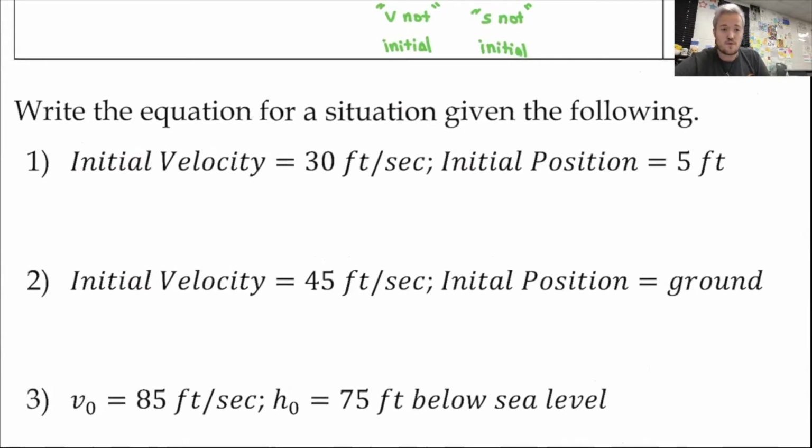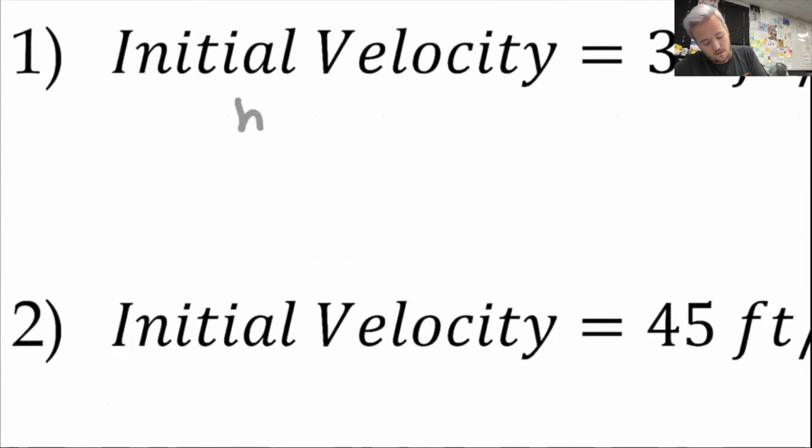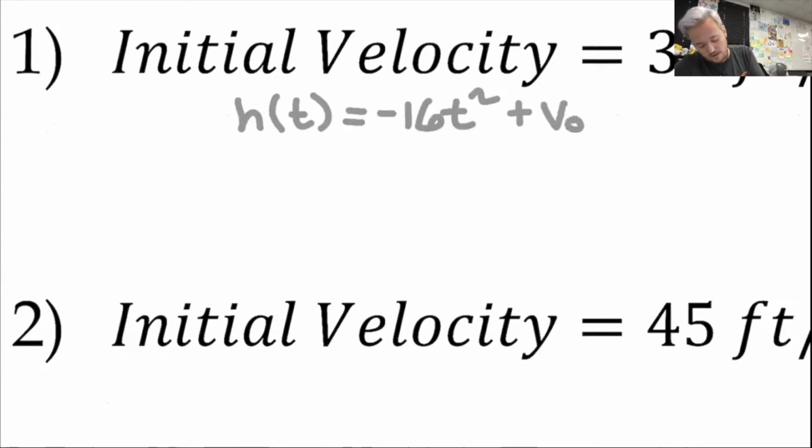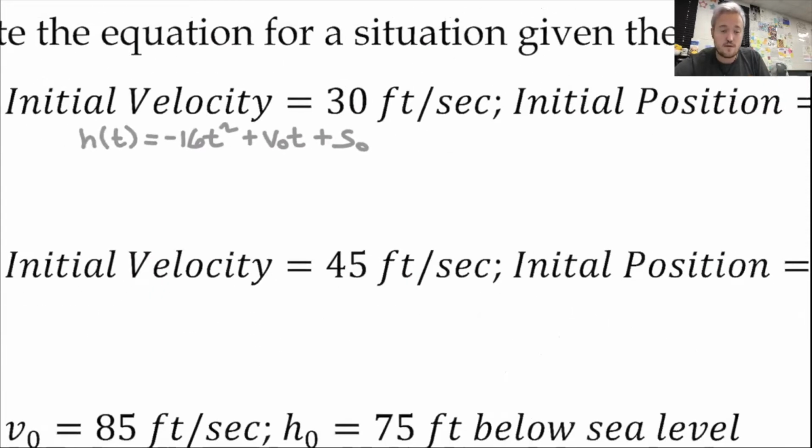So for this first one, I give you an initial velocity of 30 feet per second with an initial position of 5 feet. Once again, I'm going to start with just the equation. So h of t equals negative 16t squared plus v naught t plus s naught. And s naught sounds like snot, so it happens every year.